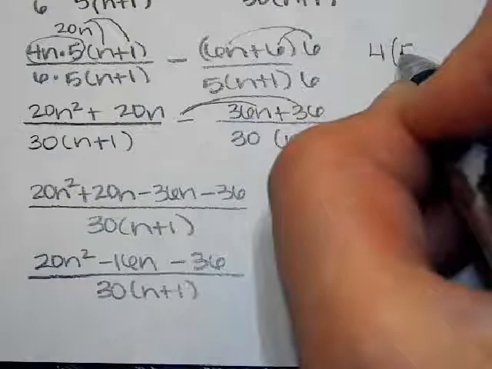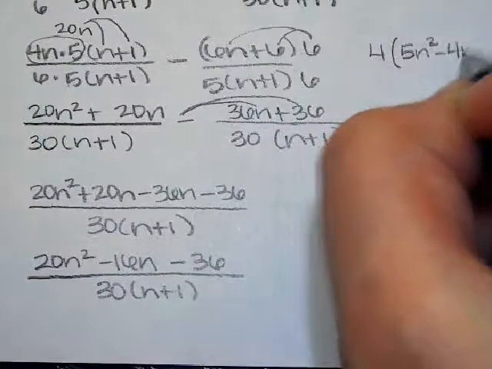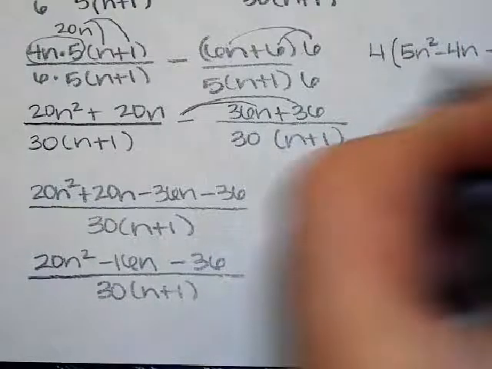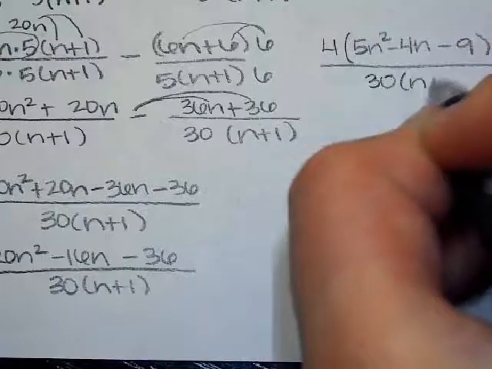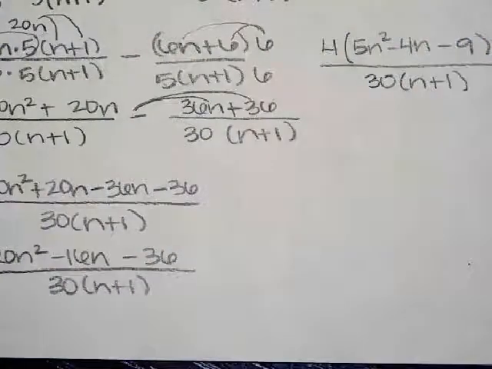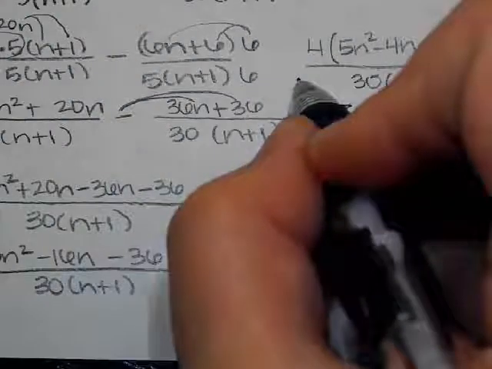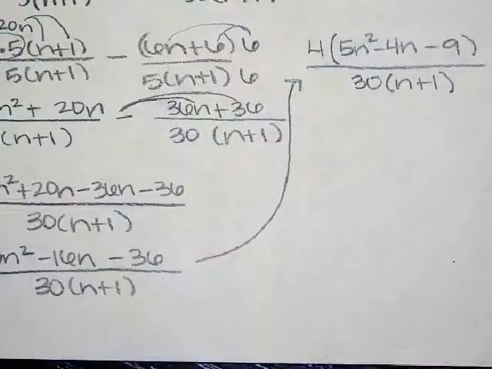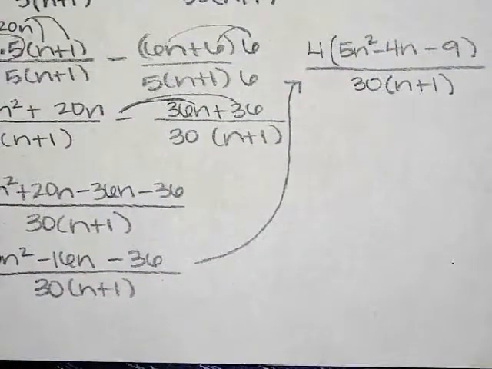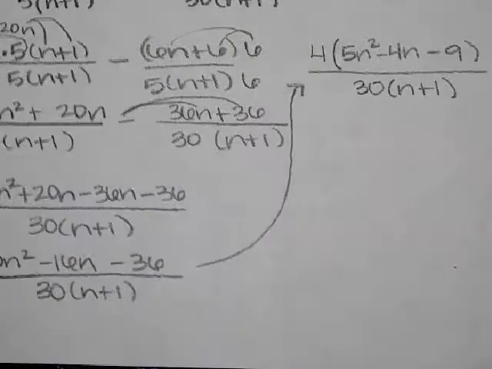Okay. And then once you divide the 4 out, can you tell what type of factoring that is?